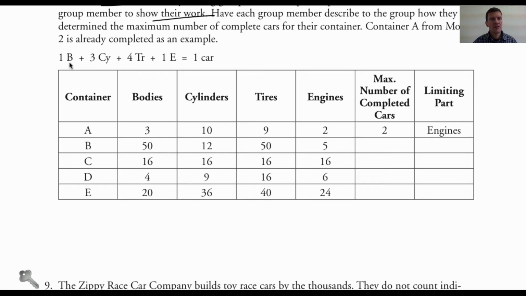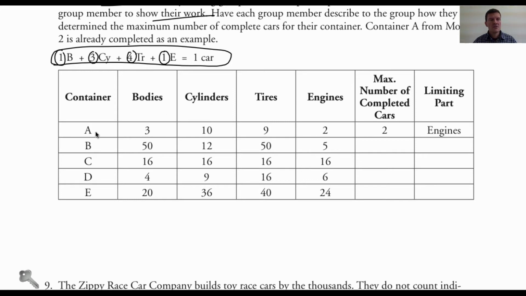They are giving us, by the way, this reaction, kind of like your chemical reaction. 1 body plus 3 cylinders plus 4 tires plus 1 engine produces 1 car. These coefficients are telling us in what ratio they are reacting, or they are assembled.